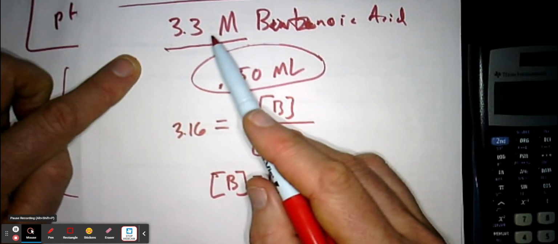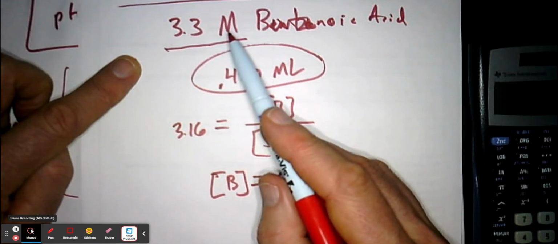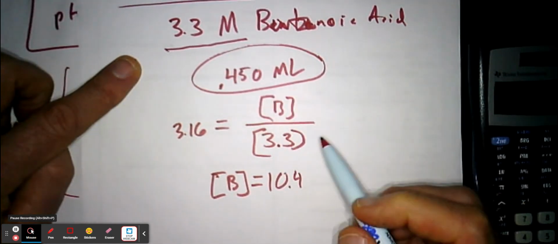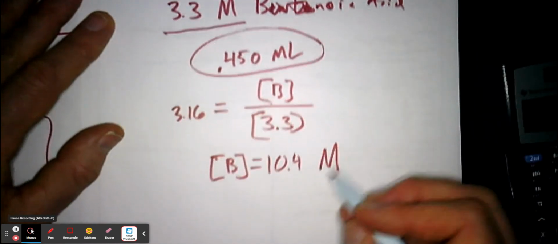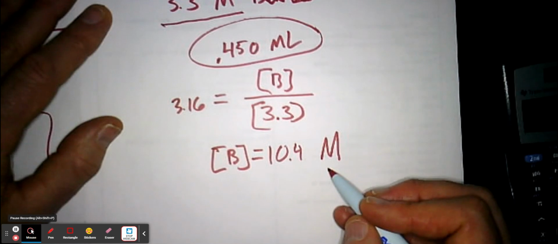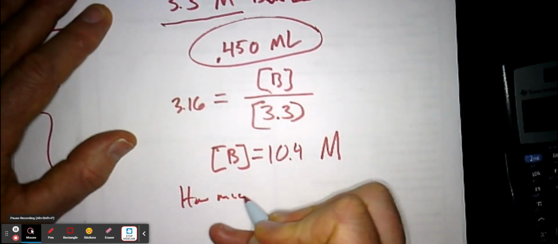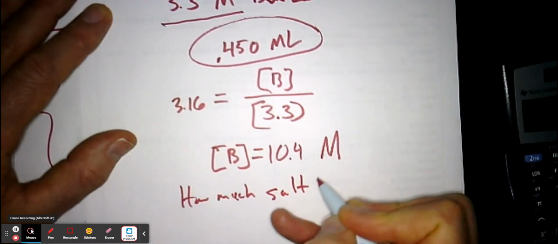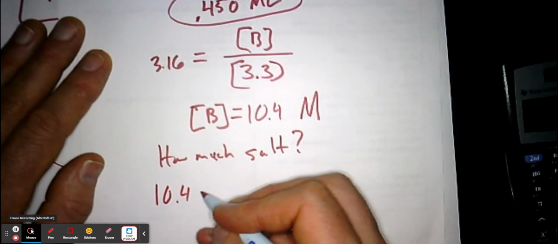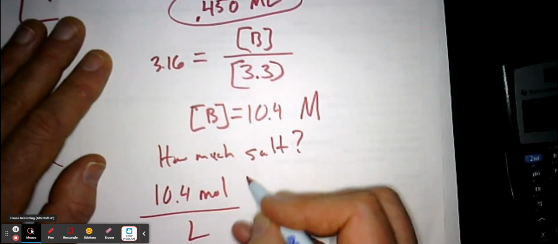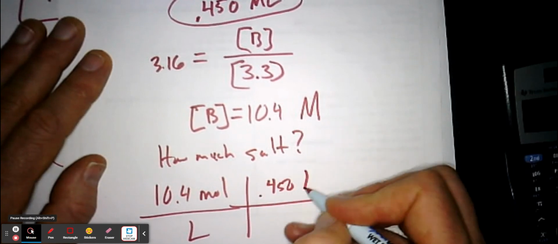I can just plug that in directly. This is a molarity. So if I'm adding the conjugate salt, what I really need to know from this is how much salt. Well, I would take this molarity, 10.4 molar, so that's moles per liter, and I'm going to multiply that by 0.450 liters.